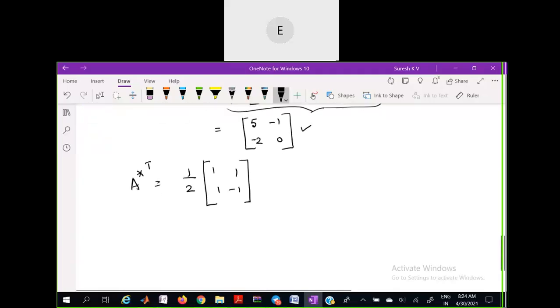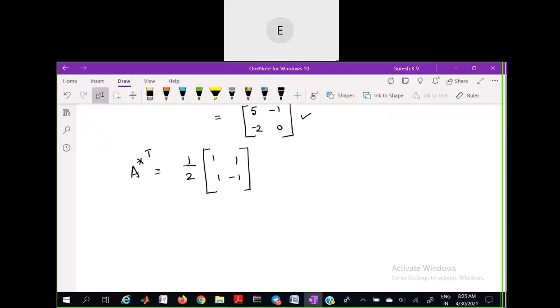Okay. Now, outer product is this. Actually, if you multiply, okay, so let me just take the first one. Suppose I want to take the first column, the 0th column, I have to take the outer product of the 0th column with itself.